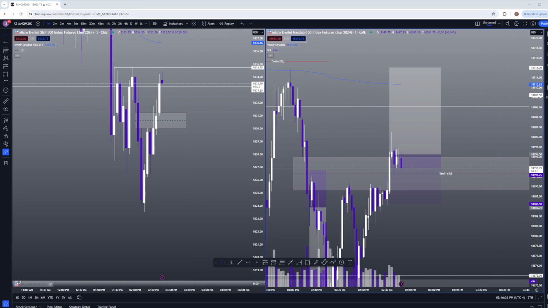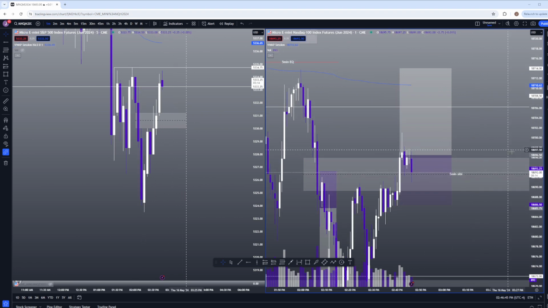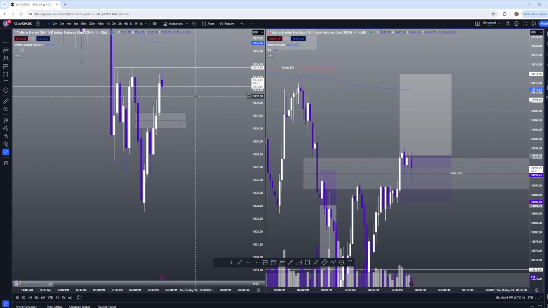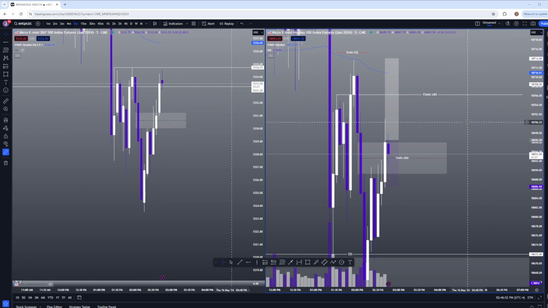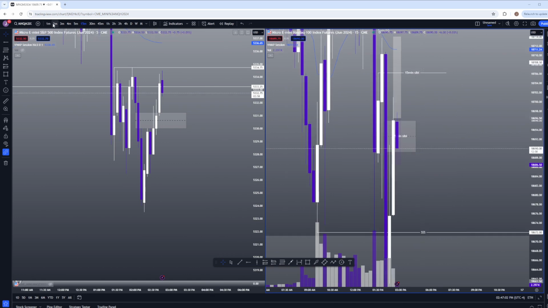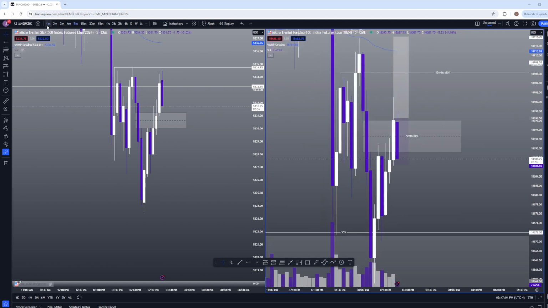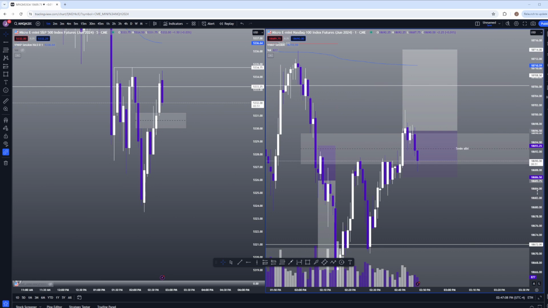I'll never do that. Right now, we're coming down a little too hard. Filled some more of that 1 minute fair value gap there. All right, we barely displaced this 5-minute. Just barely. Yeah, we're coming down kind of hard though. Close to stopping me out here.